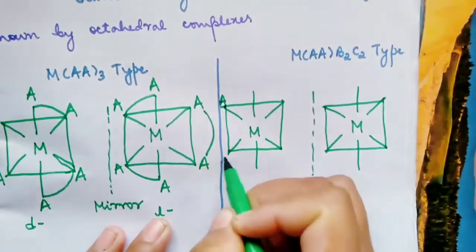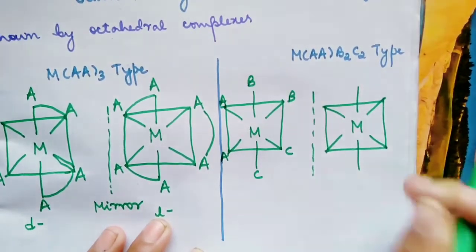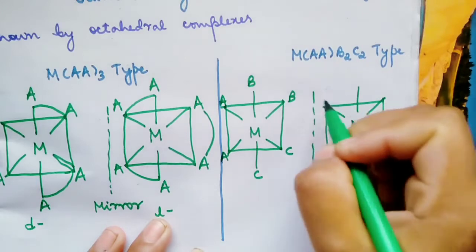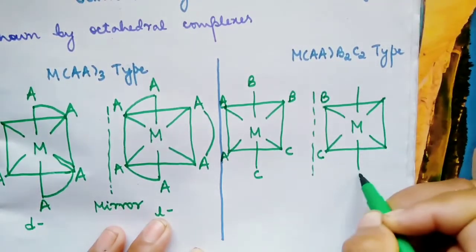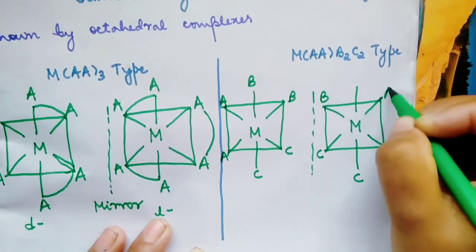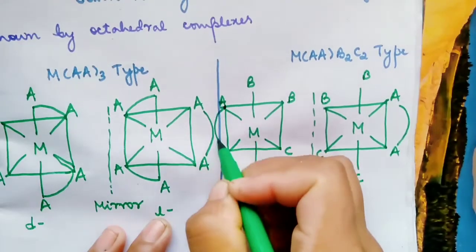We have AA, B, B, C, C. So the mirror image of this one would look like this: B, C, B, C, and then C, A, A, B. So this one would be like this, would be like this.